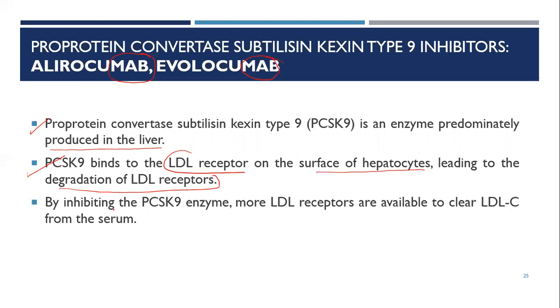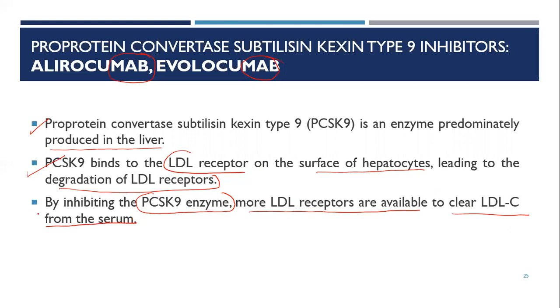So by inhibiting this PCSK9 enzyme, we sustain the LDL receptor. We inhibit its degradation. As we inhibit the degradation of the LDL receptor, more LDL receptors are available to clear the LDLC from the serum. Simple.